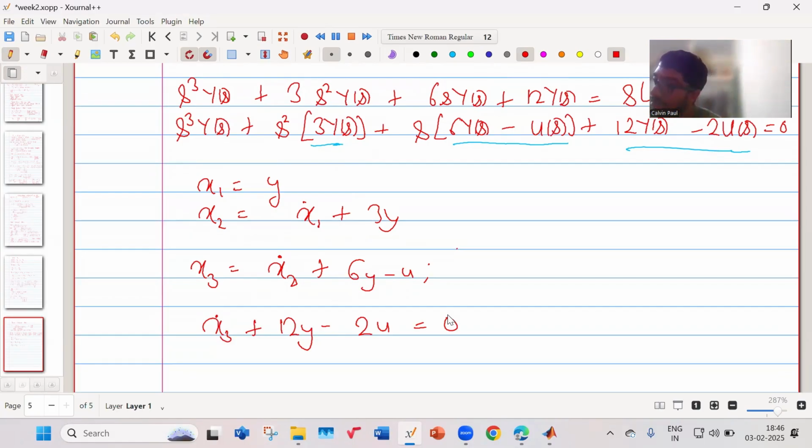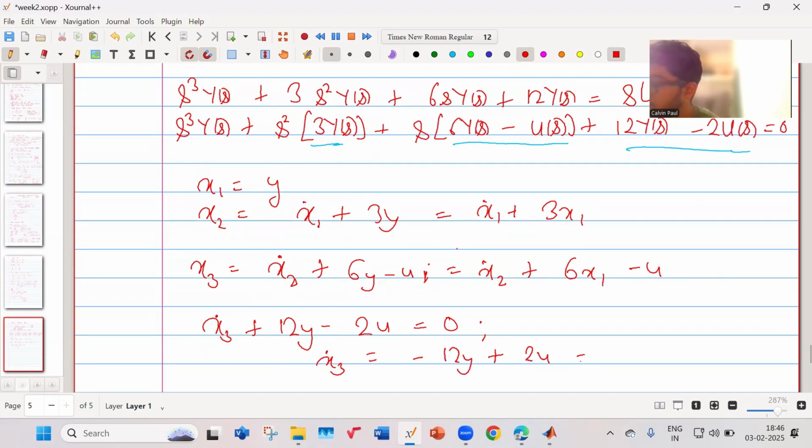And then what do we do? So x2 is equal to what? x1 dot plus 3y is actually 3x1. x3 is what? x2 dot plus 6y is what? 6x1 minus u. And x3 dot is equal to minus 12y plus 2u, so it is actually minus 12x1 plus 2u.